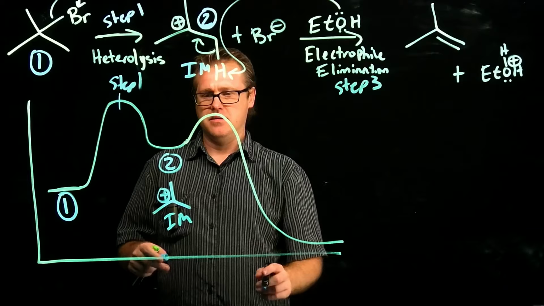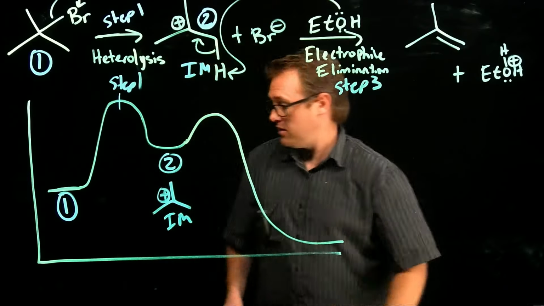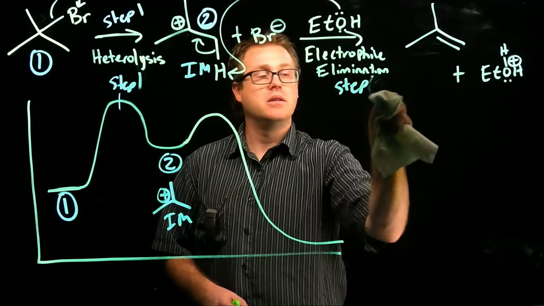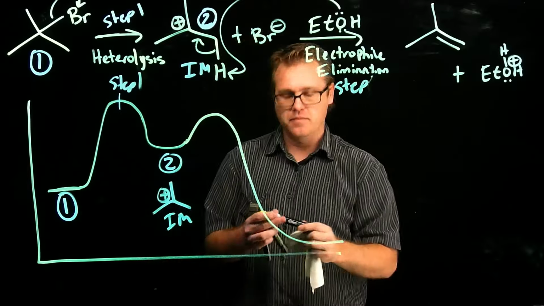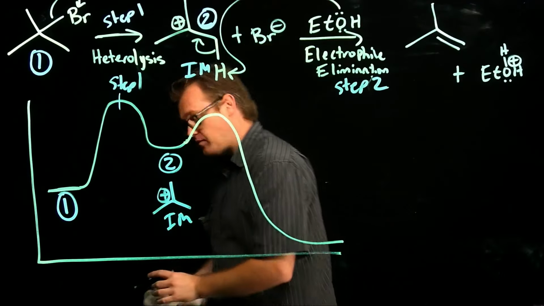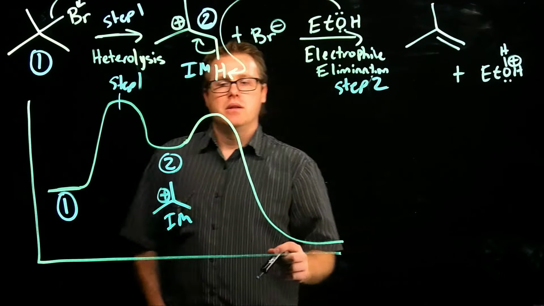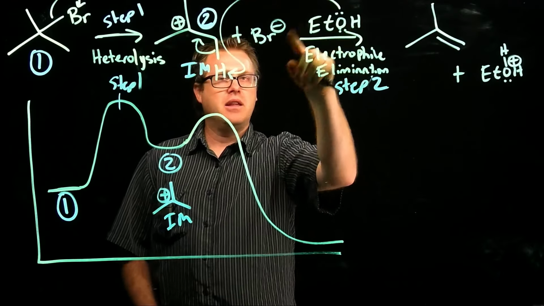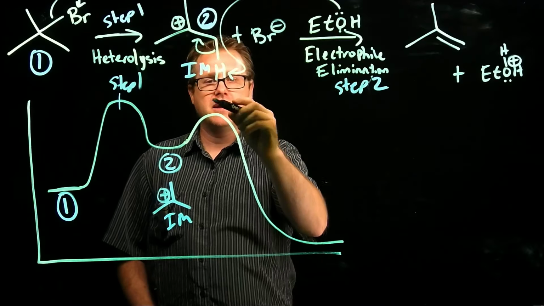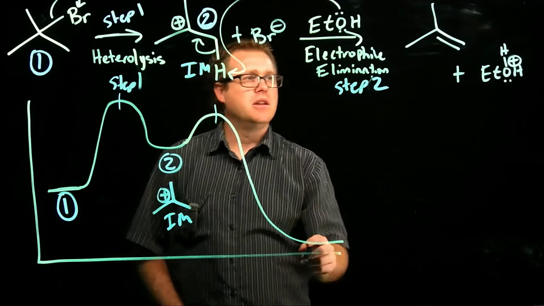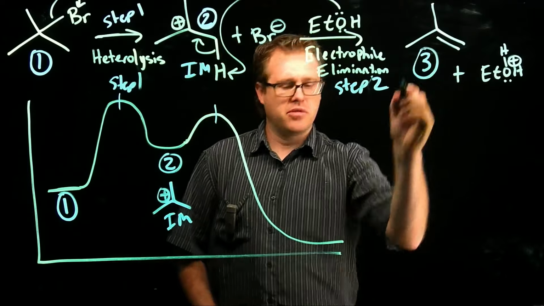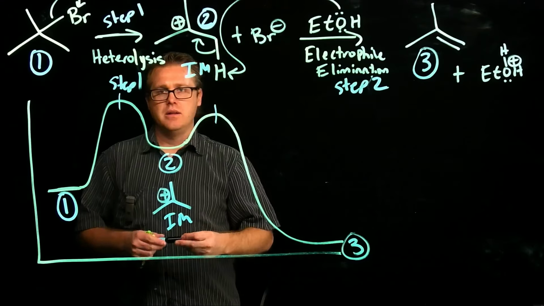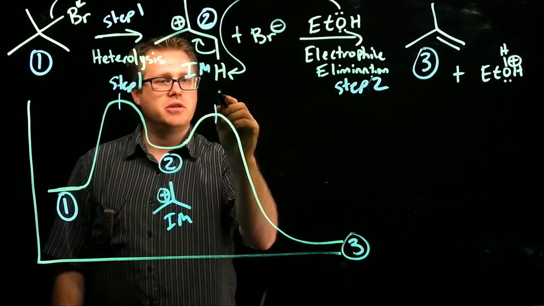Step 3, no, not step 3. That's step 2. So this right here, reacting with the electrophile, that's the transition state. And that is molecule 3, so that's 3 there. So this is step 2.